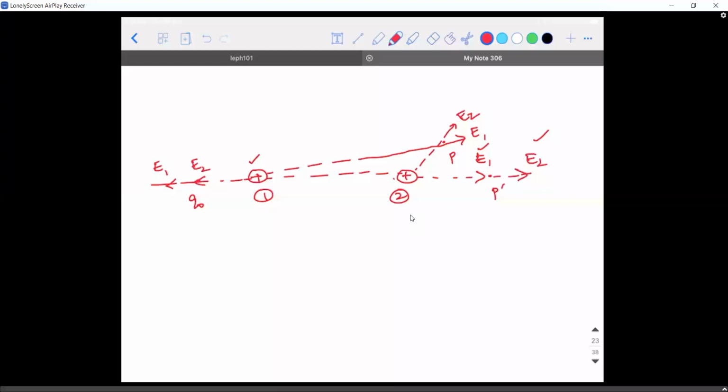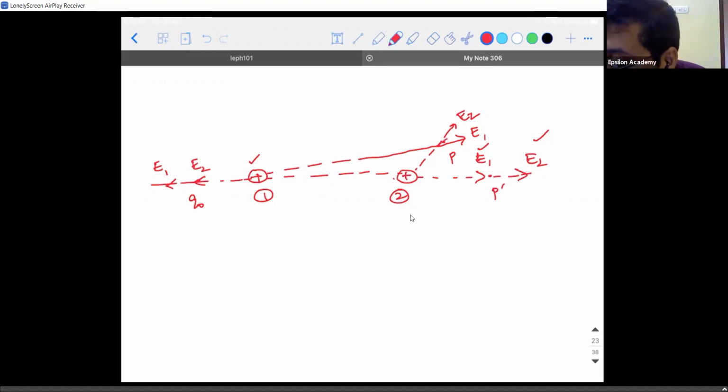Yes, sir. They are going to be in this direction. This is the direction in which the resultant electric field at that particular point is. If I take this point, and if I keep changing the point, then the direction in which the resultant electric field is keeps changing.